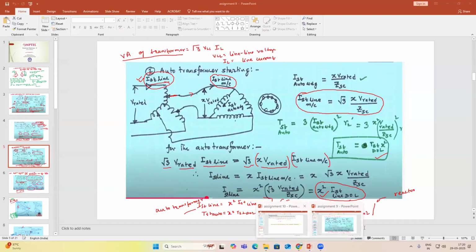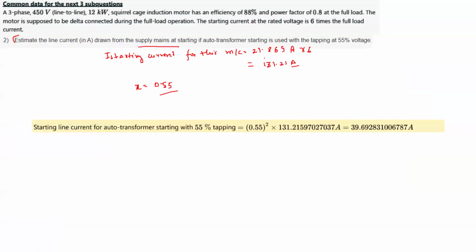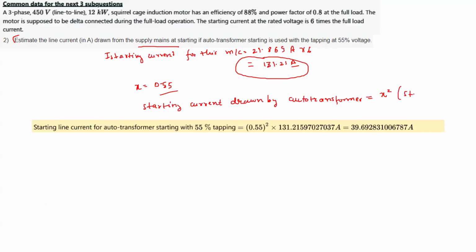So the starting current drawn by the auto transformer is x square times the starting current drawn by direct online starting, I start DOL.